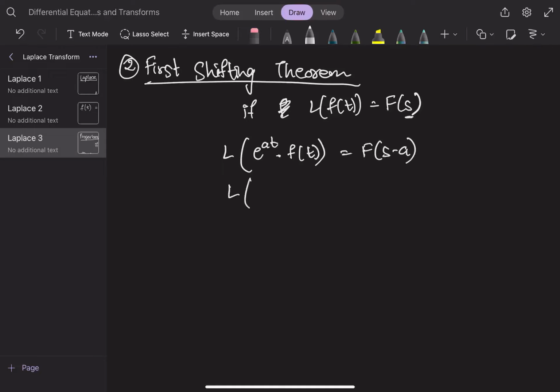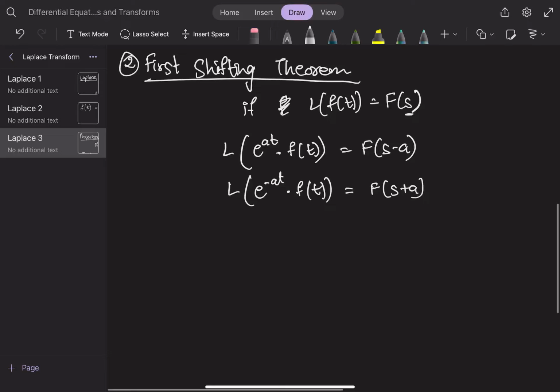Or if you have e raised to minus at multiplied by f(t), then the answer becomes F(s plus a).